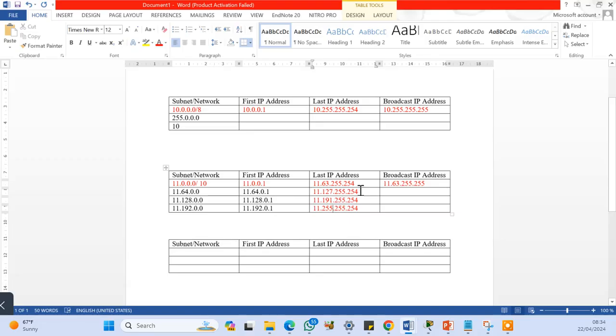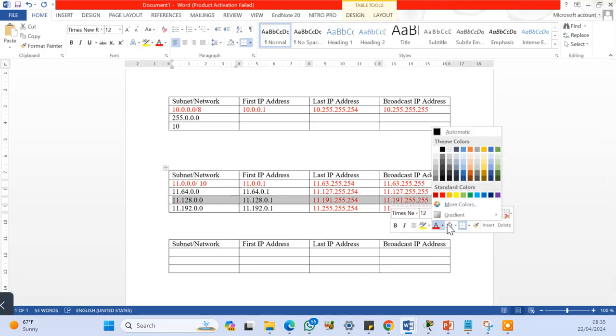And then after that, I'll just keep copying this, I add the 1. Remove this, you add the 1. Gives you this. Then this. So that is our subnetting.